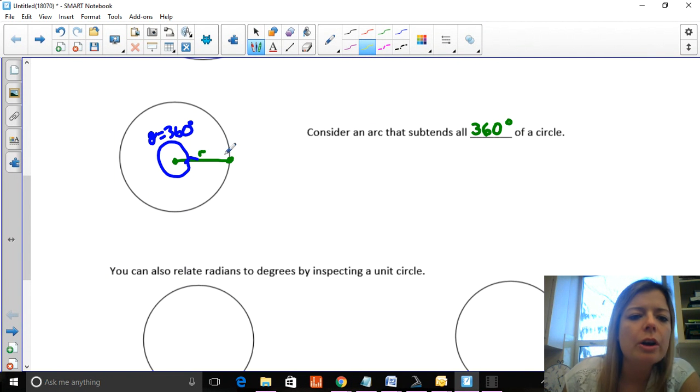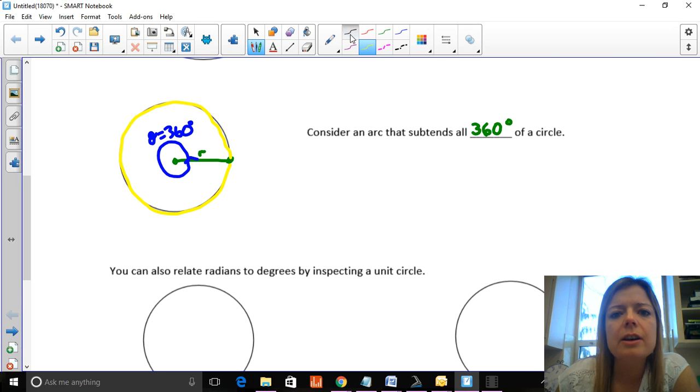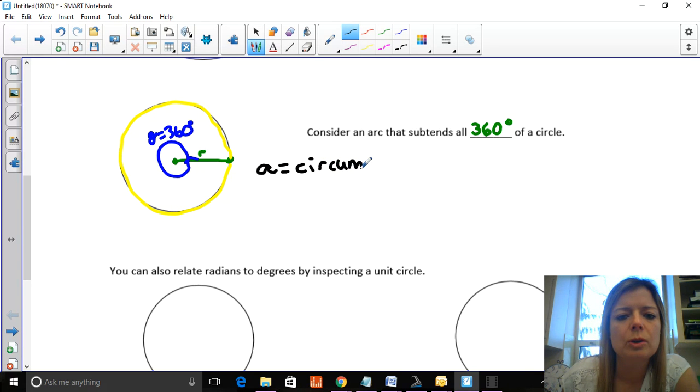Think about how long the arc would be that subtends that angle. The arc would actually be the circumference of the entire circle. So the arc length, when you go all the way around, is actually the circumference, which we know is equal to 2 pi r.